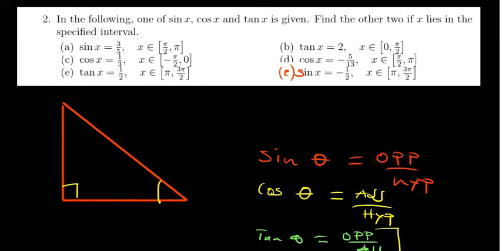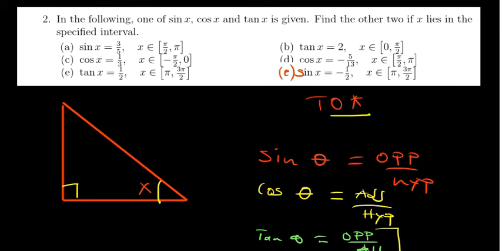If we take this to be our x, SOH CAH TOA tells us tan theta is equal to opposite over adjacent, from TOA.